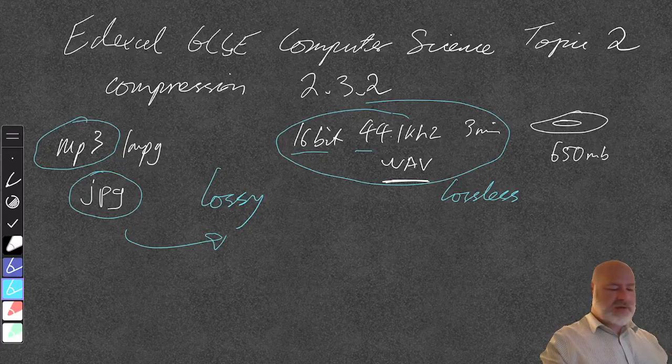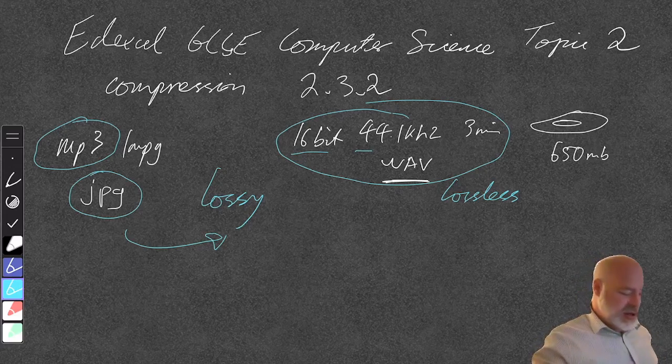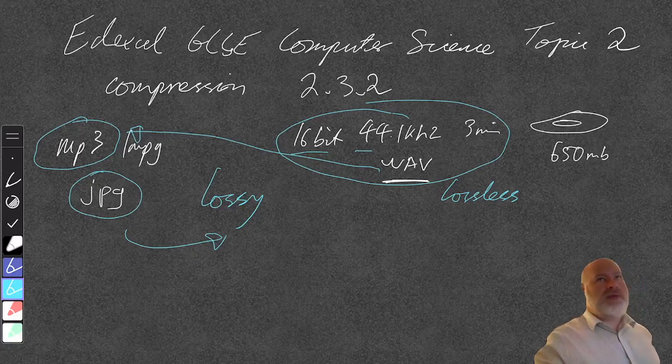They might cut off certain frequency ranges, like below 20 hertz and above 20 kilohertz, a range that you probably won't be able to hear. And there are lots of other complicated ways that they can compress and squeeze the information. But the important thing is that by going from a WAV to an MP3 file, you have lost information that can never come back.